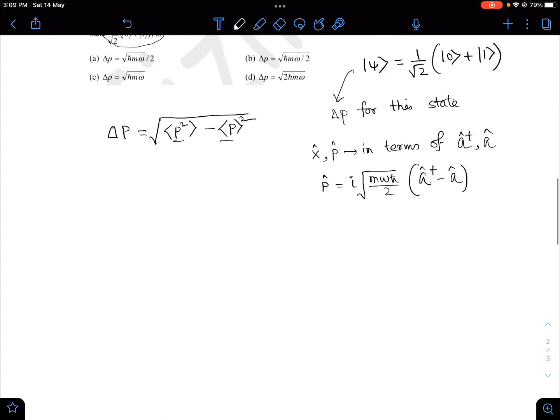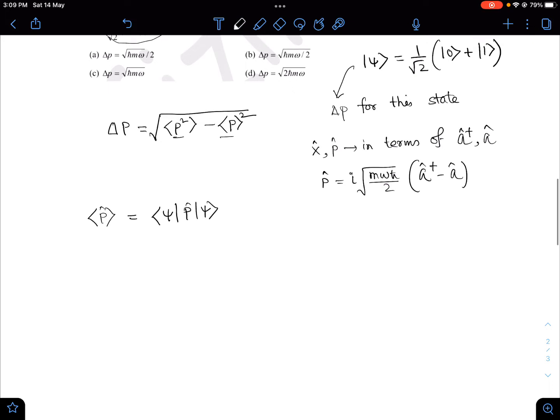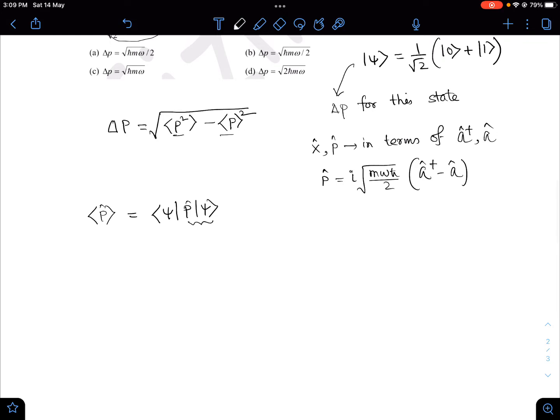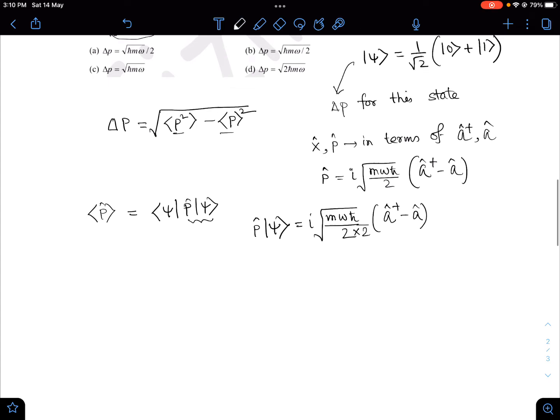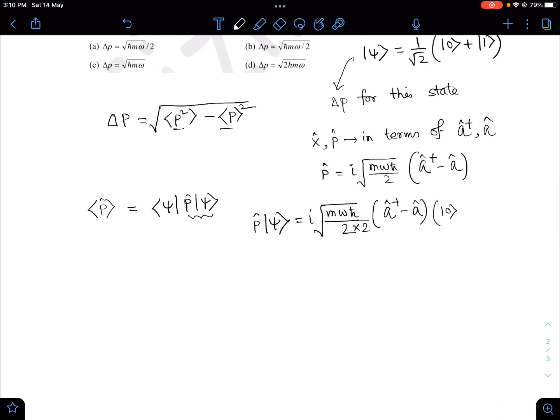So first let us find the expectation value of P. That means we have to find this quantity <psi|P|psi>. Let us first calculate P|psi>. So P|psi> will be i root(m omega h cut by 2) (a dagger minus a), and we have psi to be 1 by root 2 times (|0> plus |1>).